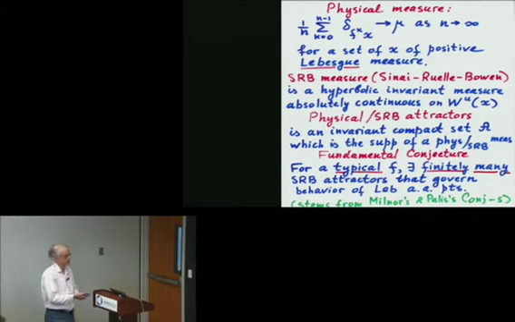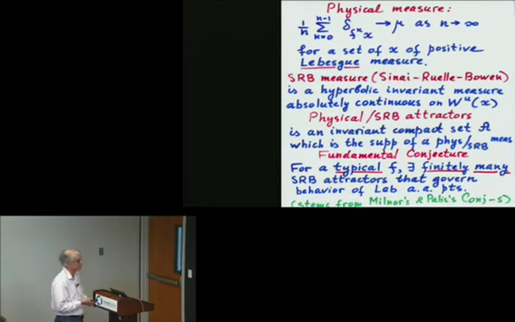Then there is an associated notion of physical or SRB attractor. It is just an invariant set A, which is the support of some physical or SRB measure. The notion of attractor fascinated people in the 70s. There was the famous Lorenz attractor, and here is the picture of the Henon attractor, for this simple Henon map that I drew for some parameters.